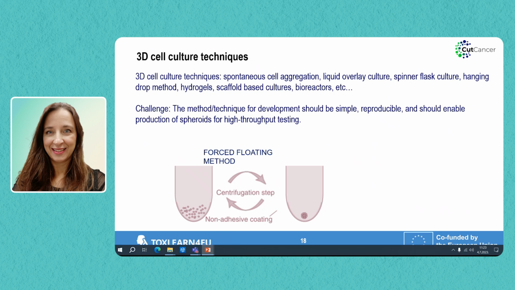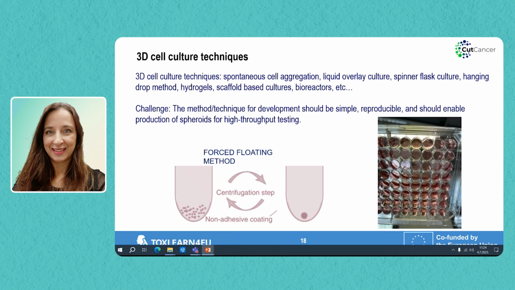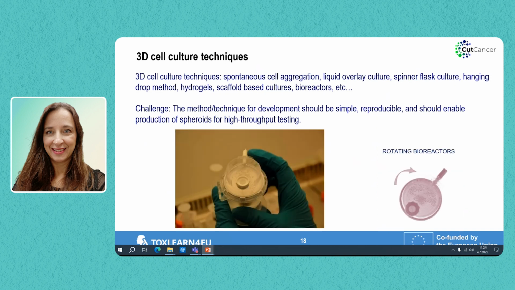One is the force floating method, where we use centrifugation force to form the spheroids, the aggregates, and then we culture them in 96 well plates. I don't know if you see here, but in each well we have a small spot, and this is one spheroid. And the other method is when we grow the spheroids in bioreactors. This is a dynamic system. You will see it later on.